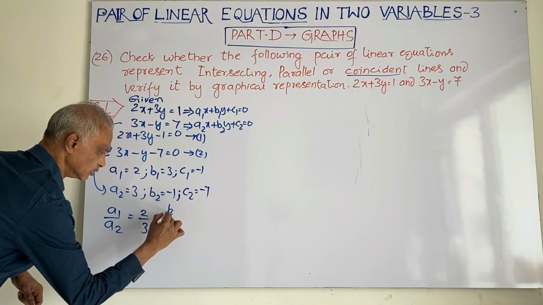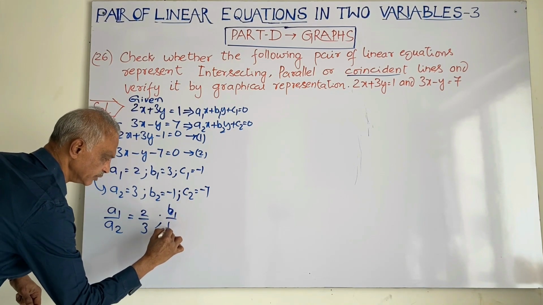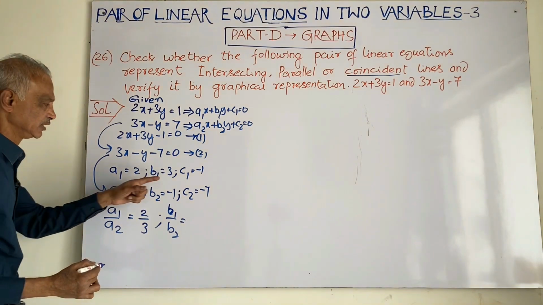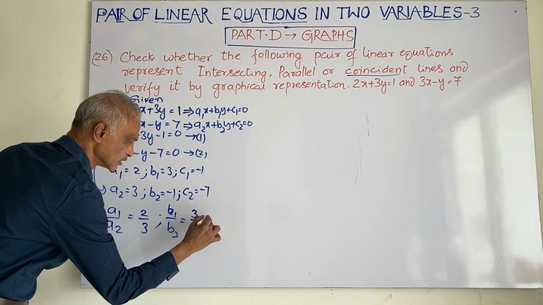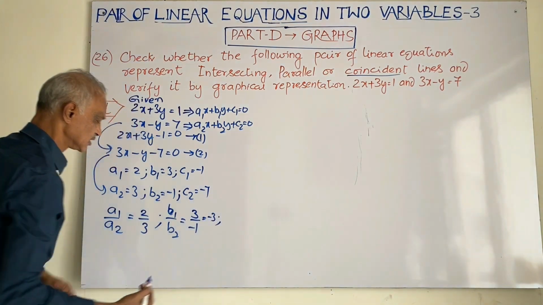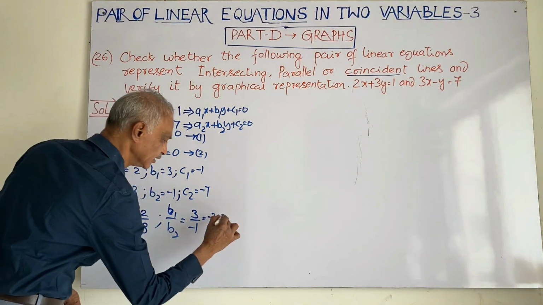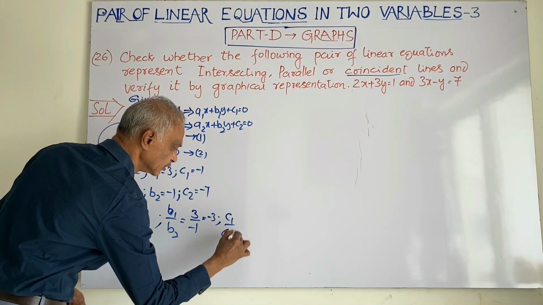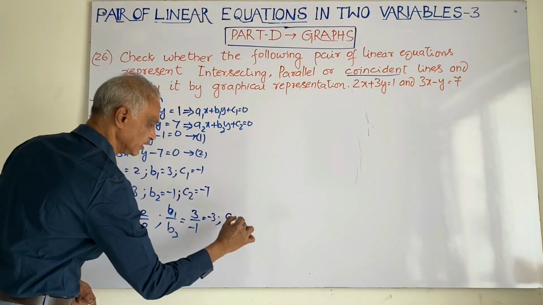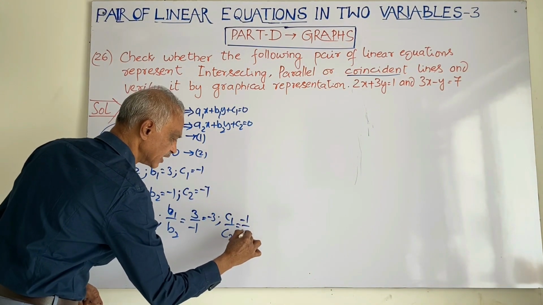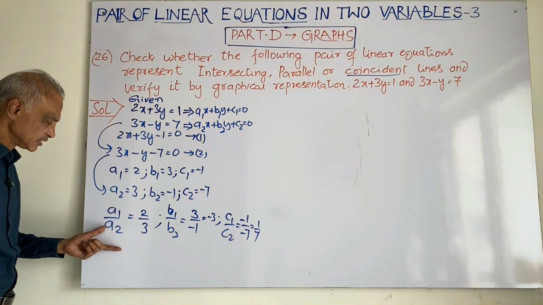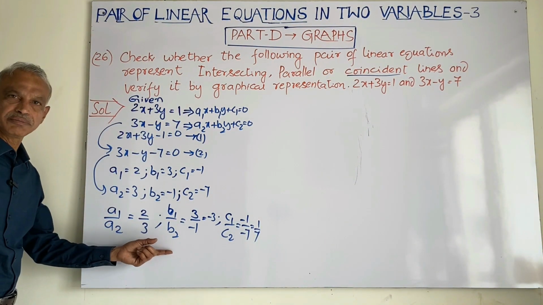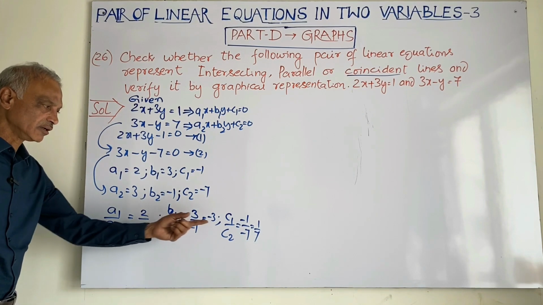Next, b1 by b2 is 3 by minus 1, means minus 3. c1 by c2 is minus 1 by minus 7, means 1 by 7.